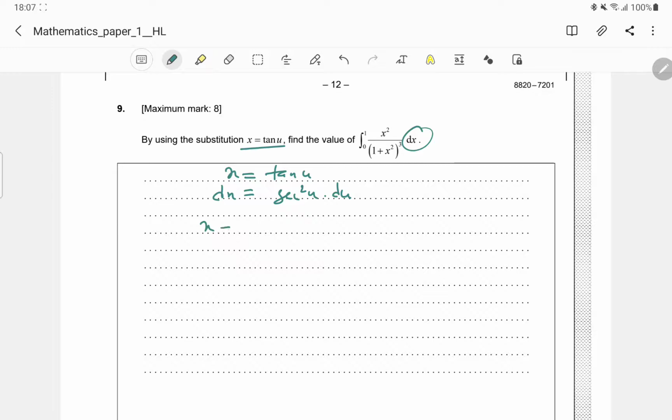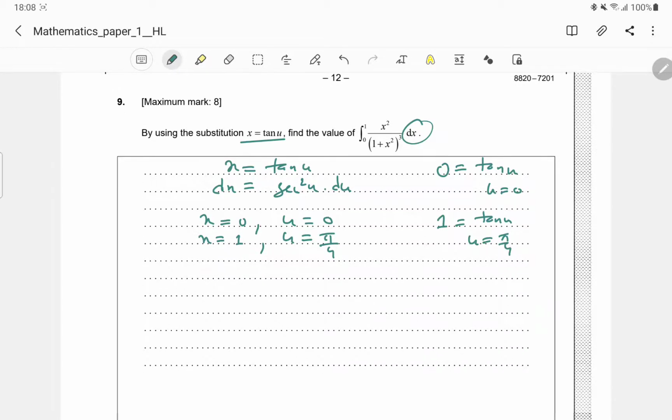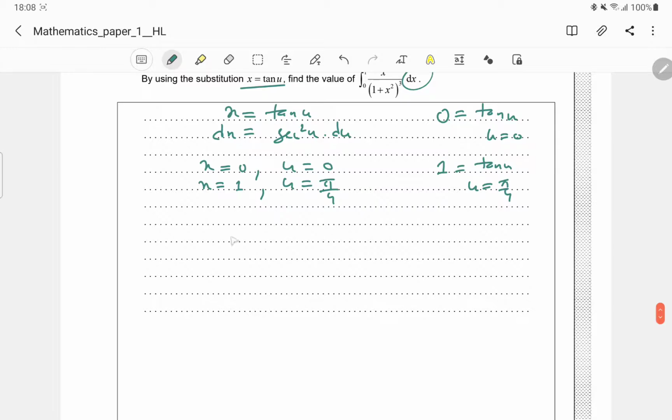When x is 0, tan u equals 0, so u must be 0. When x is 1, tan u equals 1, so u should be pi by 4. So the limit will be 0 to pi by 4.